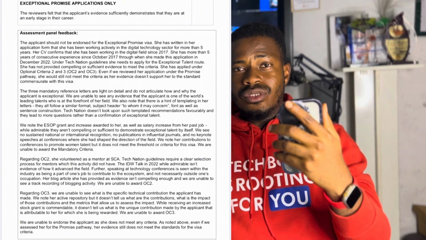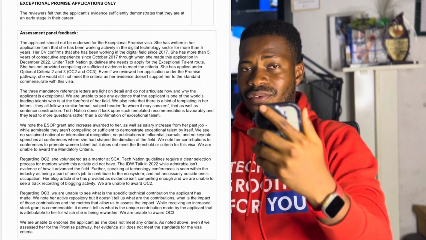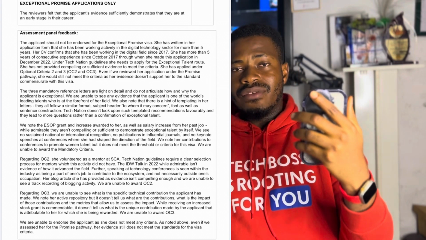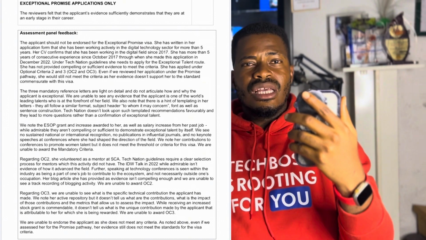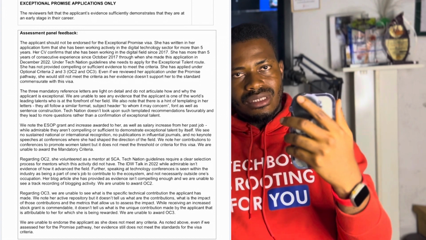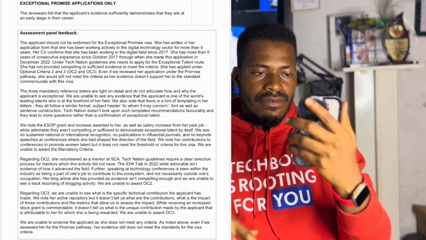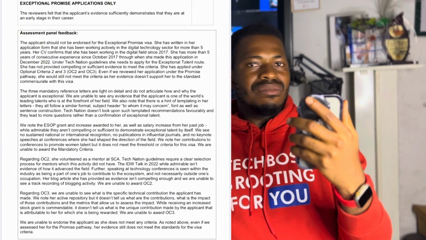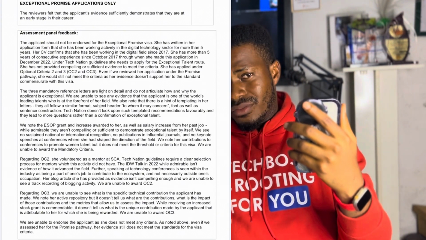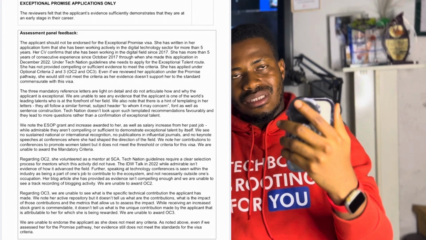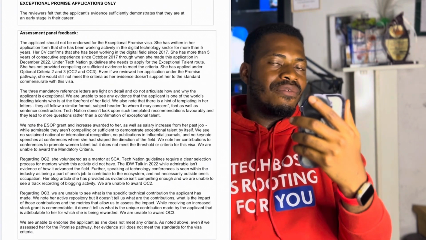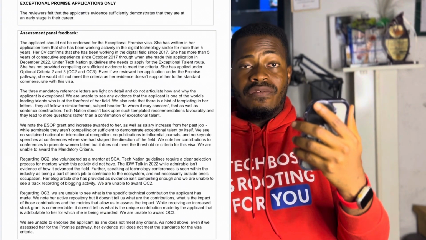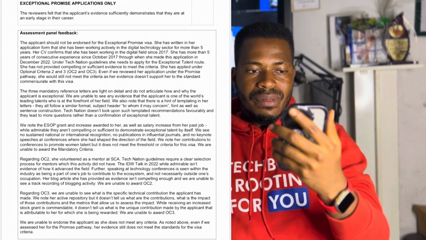And if you do not fit for any, they will just reject you. But if you fit for one, possibly you apply for exceptional talent, and then your application meets the standard for exceptional promise, they will give you exceptional promise, right? So in our case, she actually applied for exceptional promise, but she had more than 5 years of experience, which means that she's supposed to apply for exceptional talent. But they were still kind enough to review her for the exceptional promise pathway.